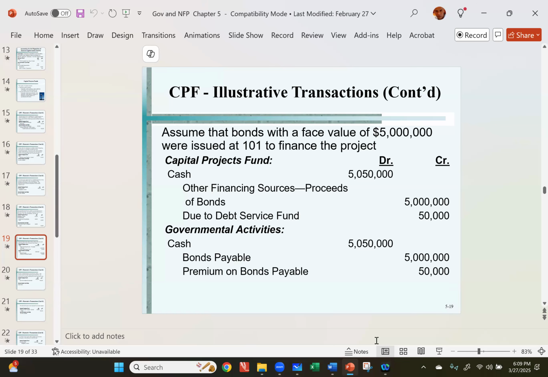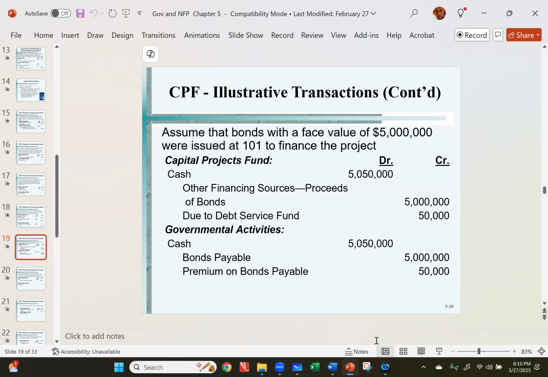So another way to affect this would be to simply put the other financing sources proceeds of bond at 5 million, and then create other financing sources for the 50,000 of premium, and then transfer that money out of the capital project fund by debiting other financing uses, crediting the cash transfer out.